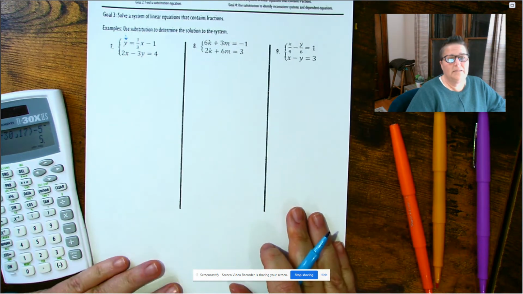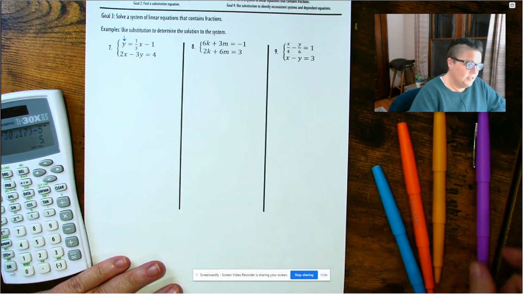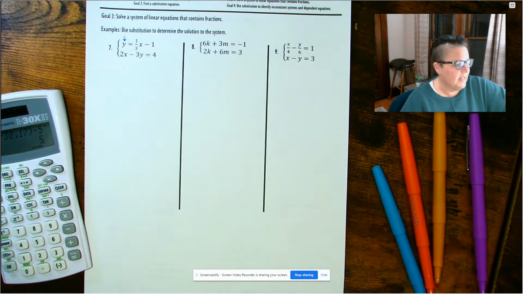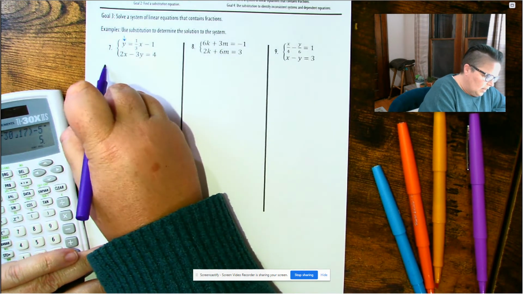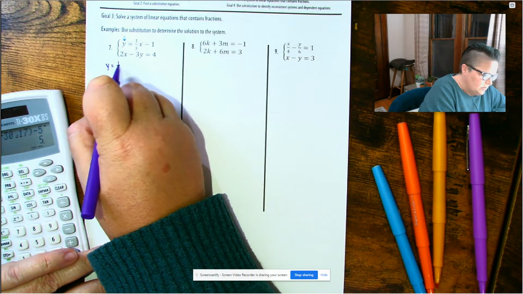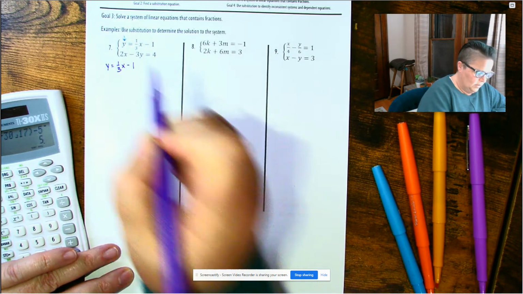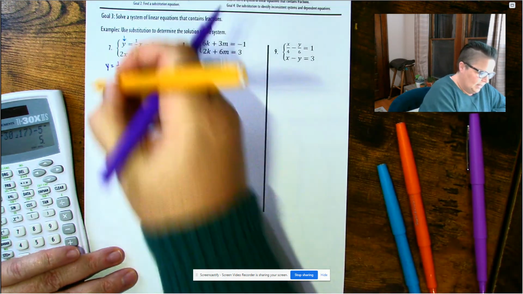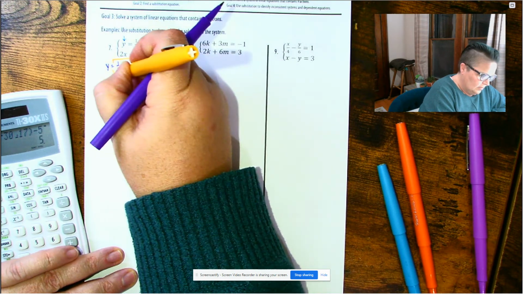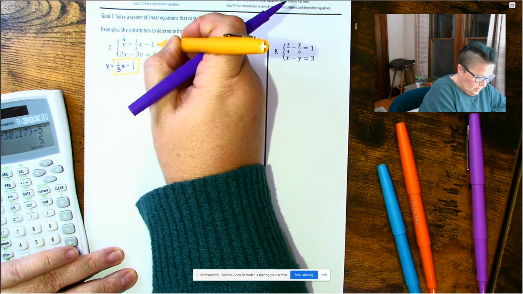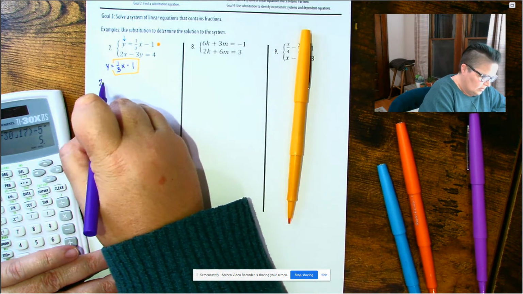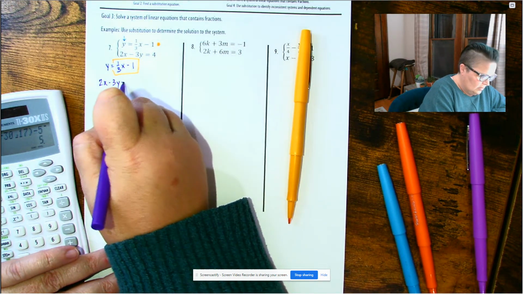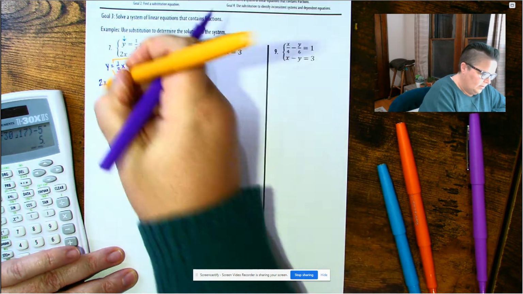Y is already solved for and ready to go, which is perfect because that means I don't have to. So I know that y is equal to 1/3 x minus 1. So I can take all of this and put it into the other equation where there is a y.